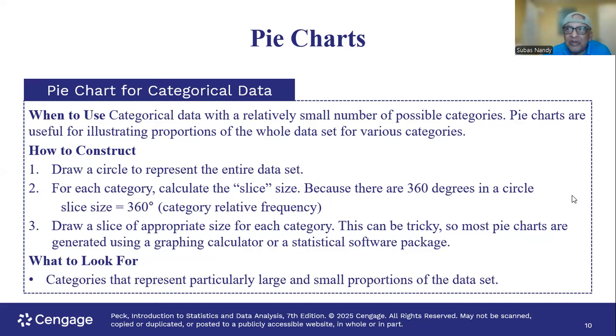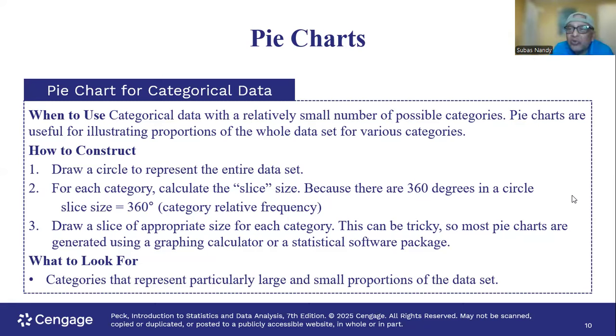Why would you prefer a pie chart over a bar chart? Because a pie chart is more visually appealing, as you look at the width or area of each sector. Remember, each sector is the category of response in this case. You look at the area of each sector and compare between, say, the associate degree and the bachelor's degree.